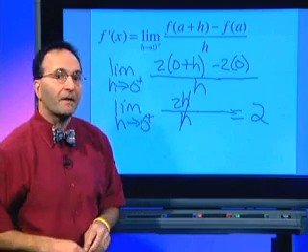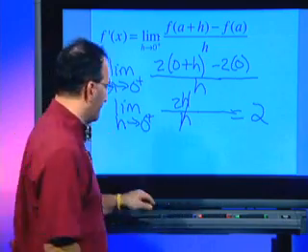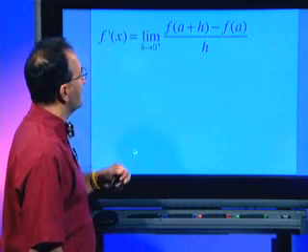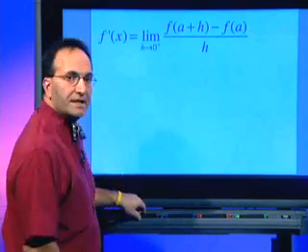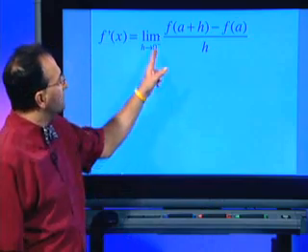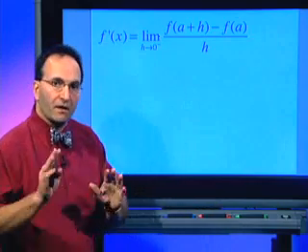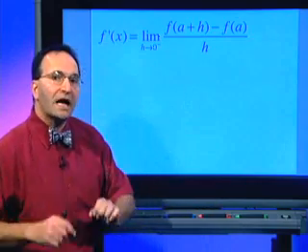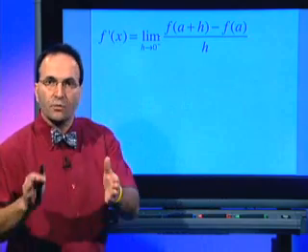Now let's find the left-hand derivative. This time we have h approaching 0 from the left-hand side, and this time we have to use the function x squared.